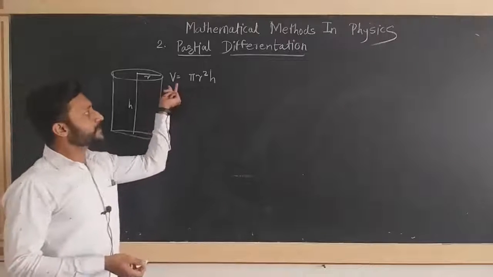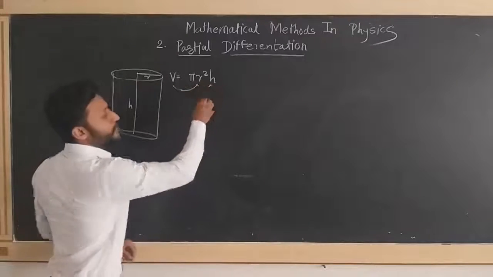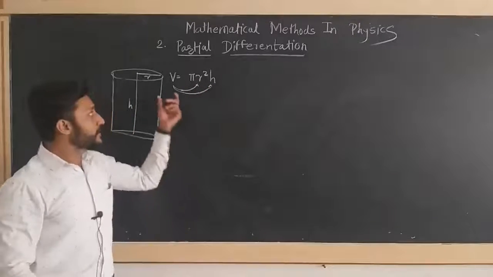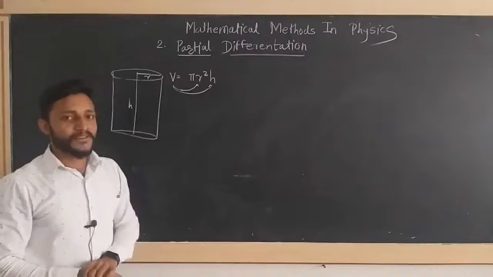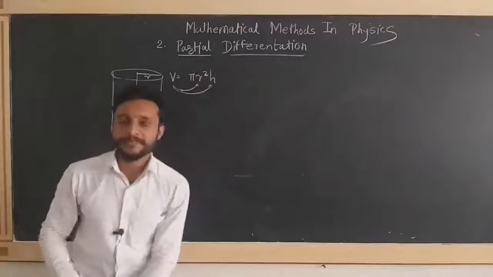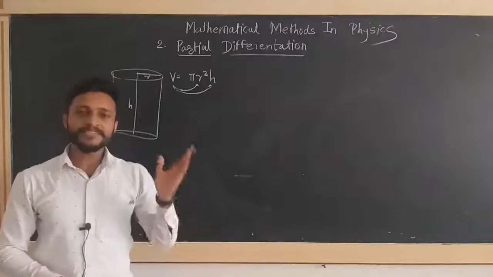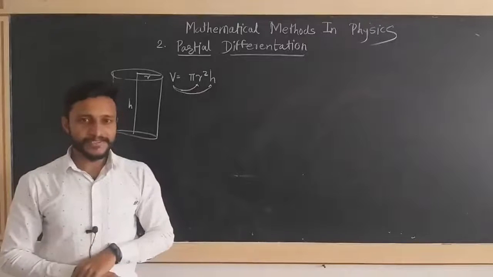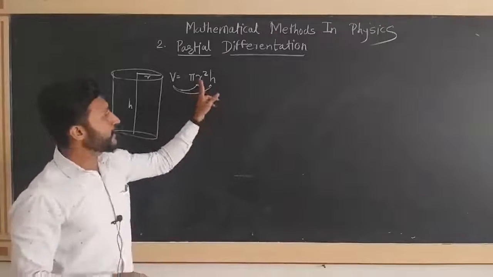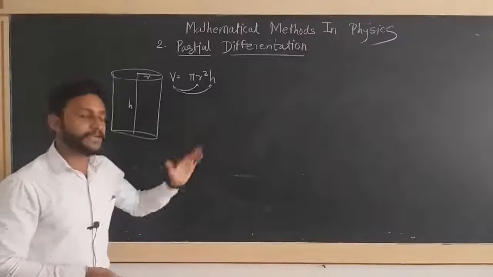So if a function depends on two or more variables, then in this process of differentiation we use partial differentiation. So how to do partial differentiation? If a function is changing with respect to two quantities or two variables, and if these variables are independent variables, because r is not changing, it is independent.